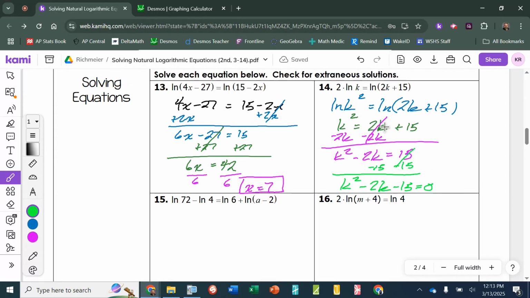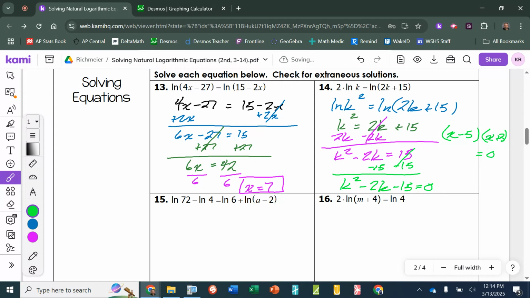It's going to be x minus 5 and x plus 3, and that will be equal to 0. So what we're saying here is negative 5 times positive 3 gives us the negative 15 as a constant, and negative 5 plus 3 would give me the negative 2 coefficient of the linear term.